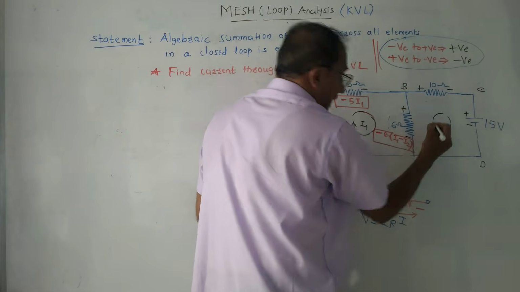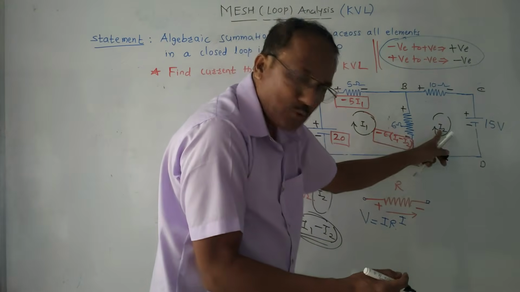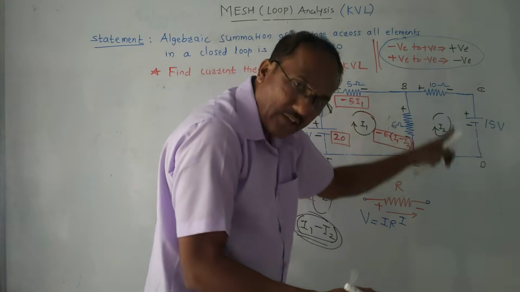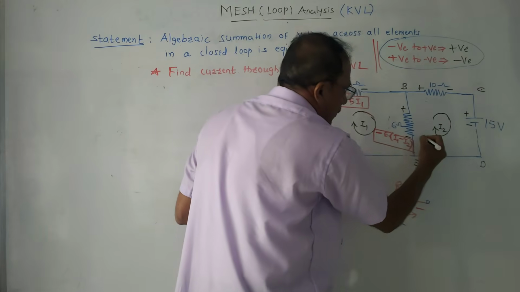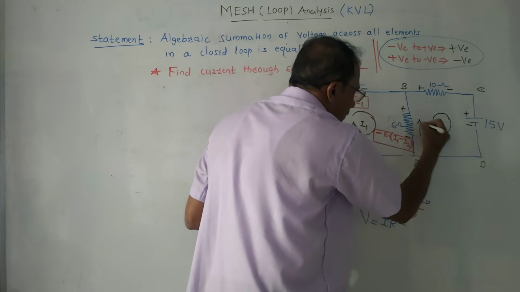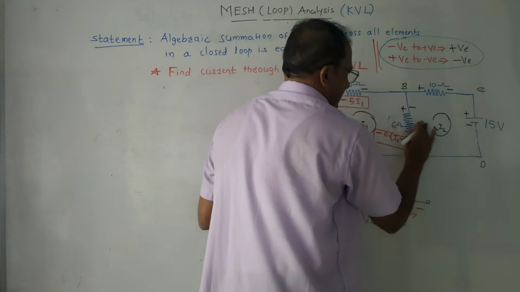Do remember 6 ohm is common for loop 1 as well as loop 2. Through 6 ohm, both currents I1 and I2 are flowing. Talking only about I2, it moves in the upward direction, so I will mark the polarities plus minus.